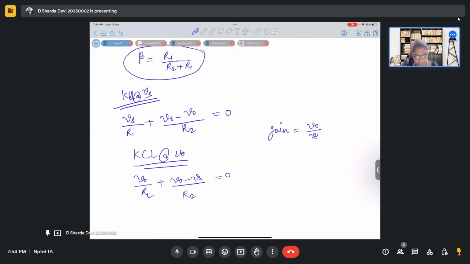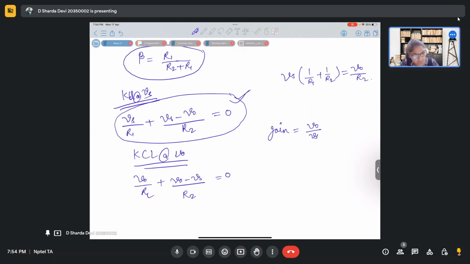V naught by Vs we can find from this expression itself. We need not go to the next expression, right? From here, if we see very carefully, Vs times (1 by R1 plus 1 by R2) is equal to V naught upon R2.